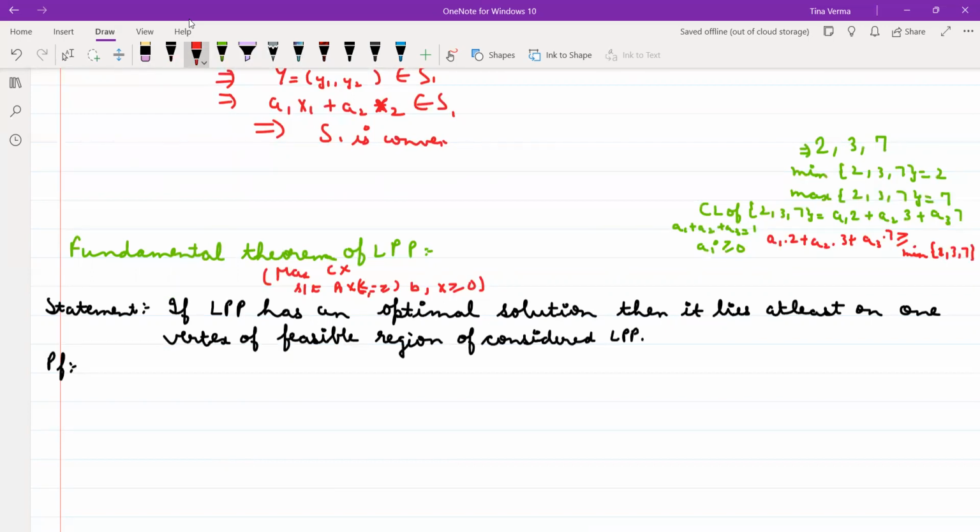Now you know the minimum is 2. If I take A1 as 0, A2 as 0 and A3 as 1, the CLC value will be 7, which is always greater than equal to 2, the minimum of 2, 3, 7. It will hold equality when I take A1 as 1, A2 equal to 0 and A3 equal to 0.